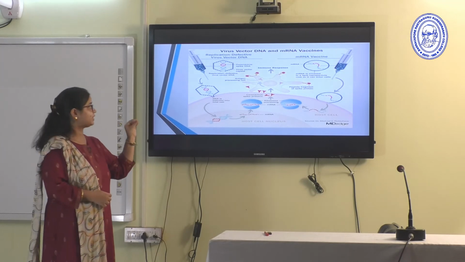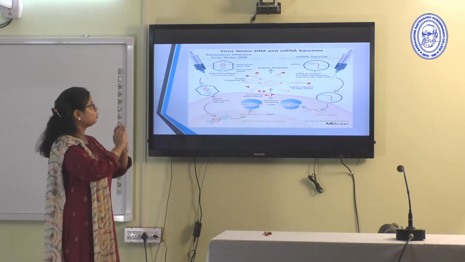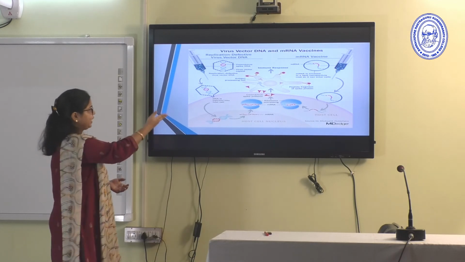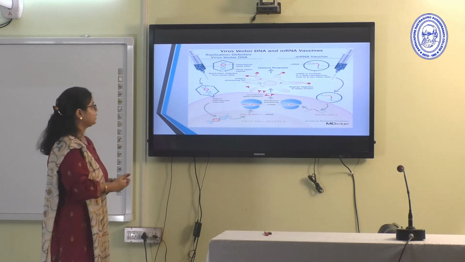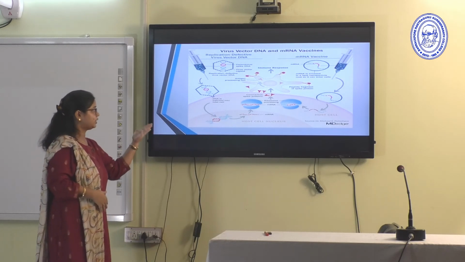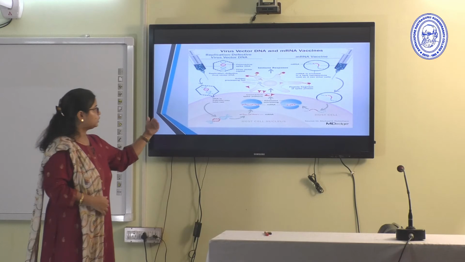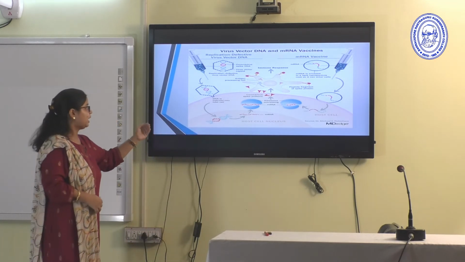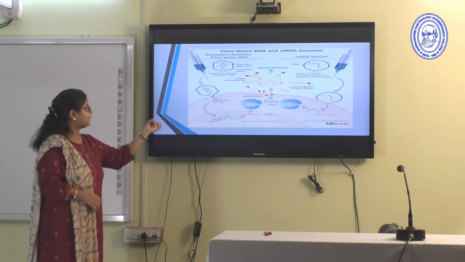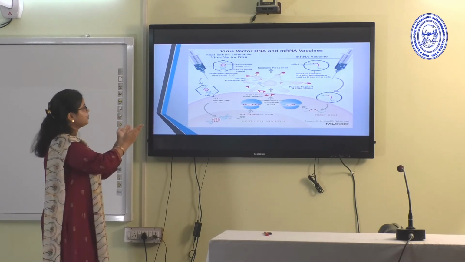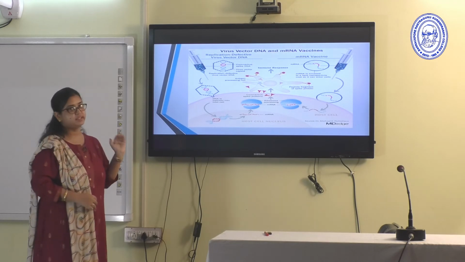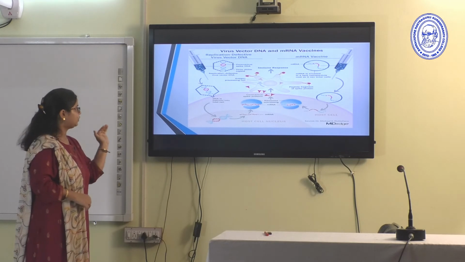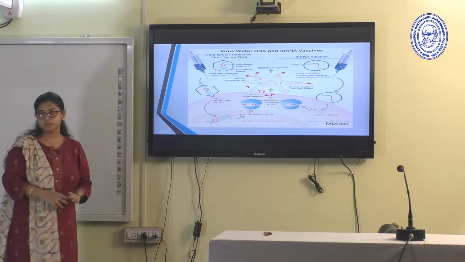After entering the cell, the mRNA goes through translation and protein is made. The protein is expressed through antigen presenting cells and an immune response is seen, as we can also see with the replication defective viral vector DNA.